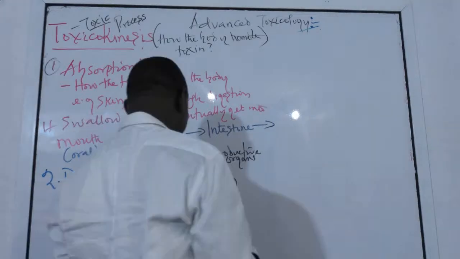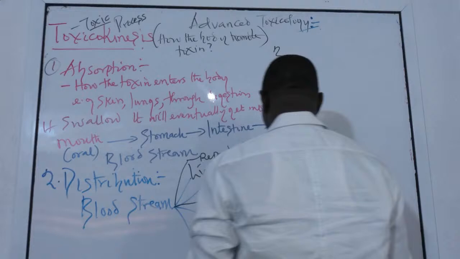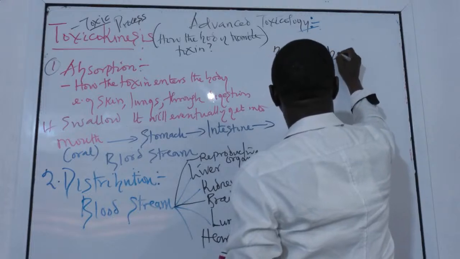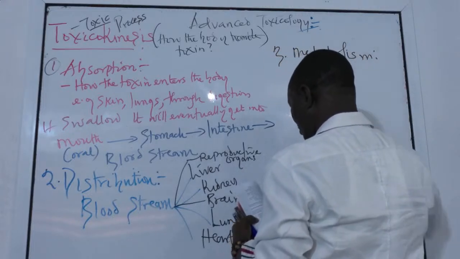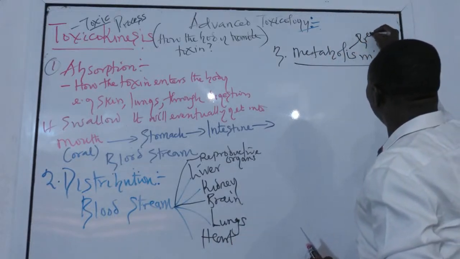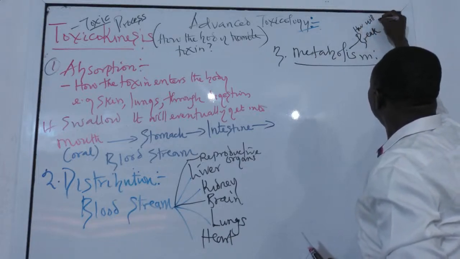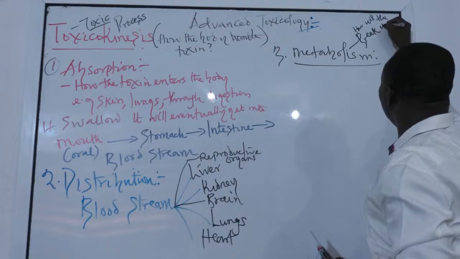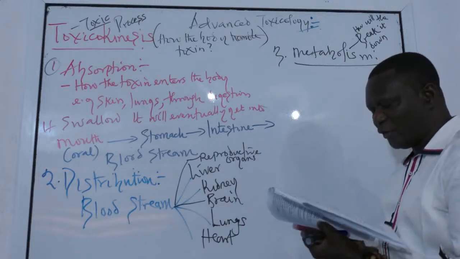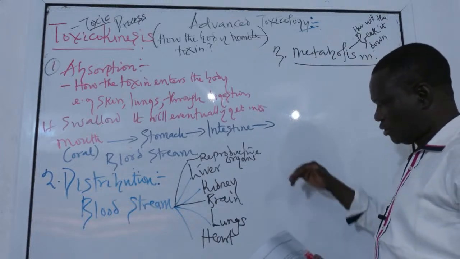The third stage of toxicokinetics is metabolism. This is how the body will break it down. Breaking it down might involve making it more harmful or more harmless.